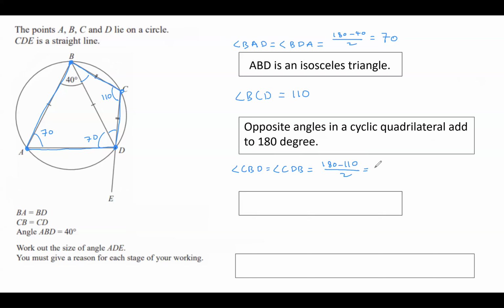So that is going to give us 35 degrees. So this angle is 35 degrees, and this angle is 35 degrees. And our reasoning is BCD is an isosceles triangle.